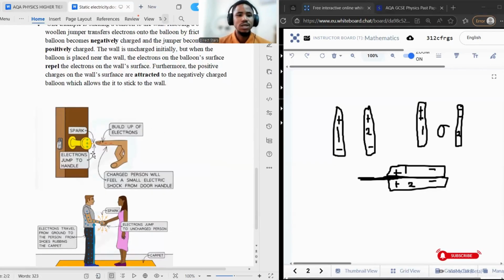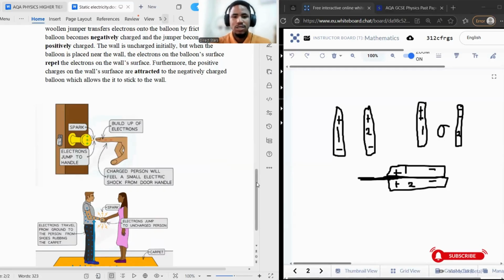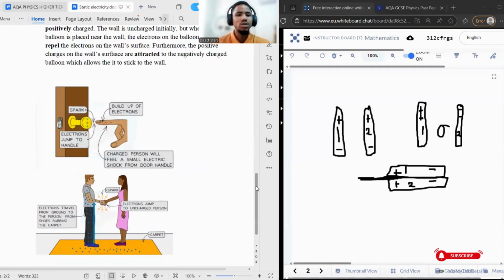Now, sometimes you can have a little shock when you touch the door handle. Do you know why? Because at that point, you might be positively charged and the door is negatively charged. So at that little spark, there will be a little shock. But if both of you are the same charge, then there won't be any shock. Same thing happens when there's contact between you and another person, and you feel that little shock.